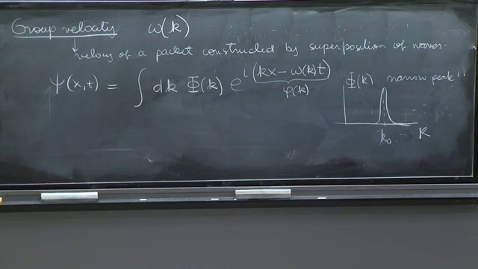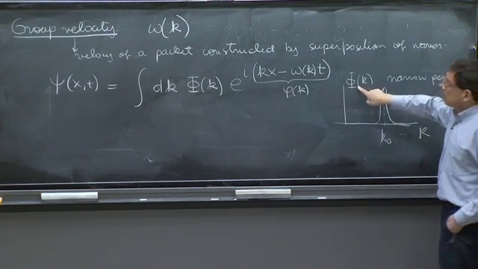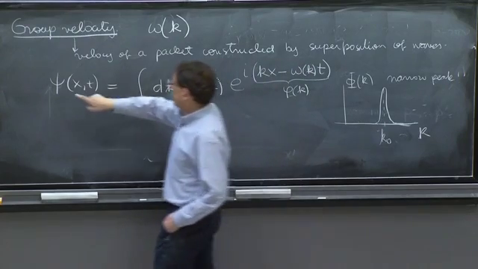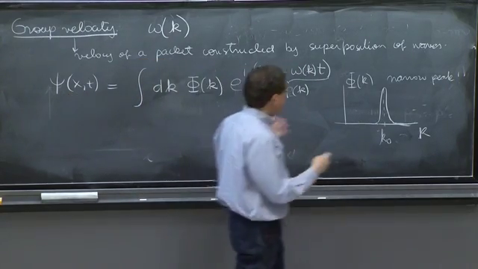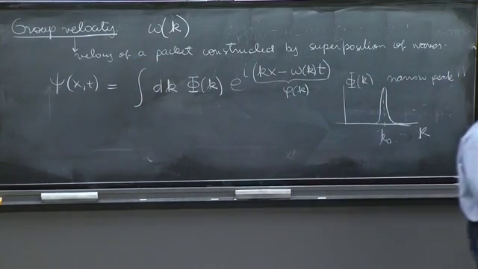And that is our wave. Depending on how this phi of k looks, we'll get a different wave. And we're going to try to identify how this packet moves in time.